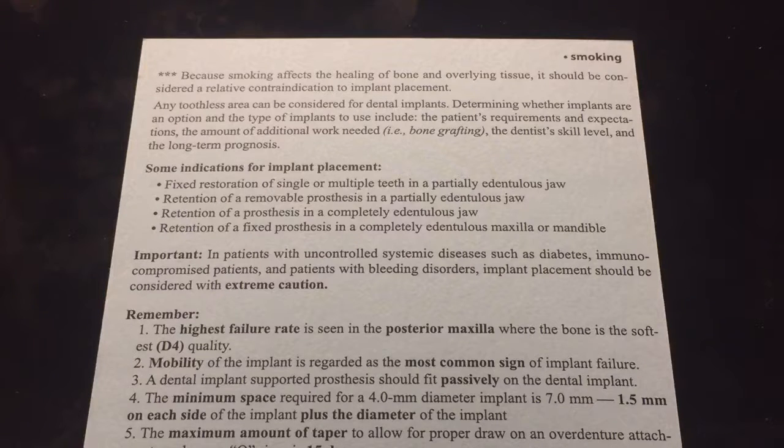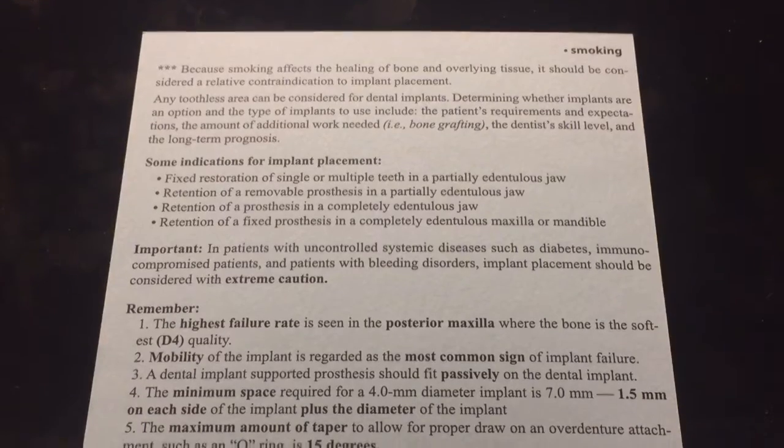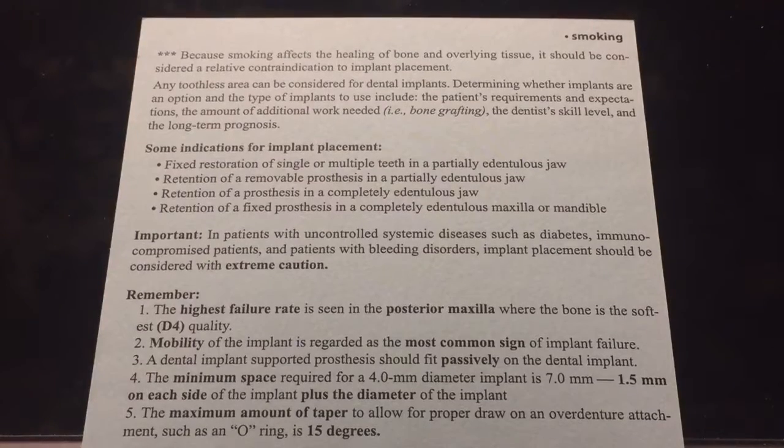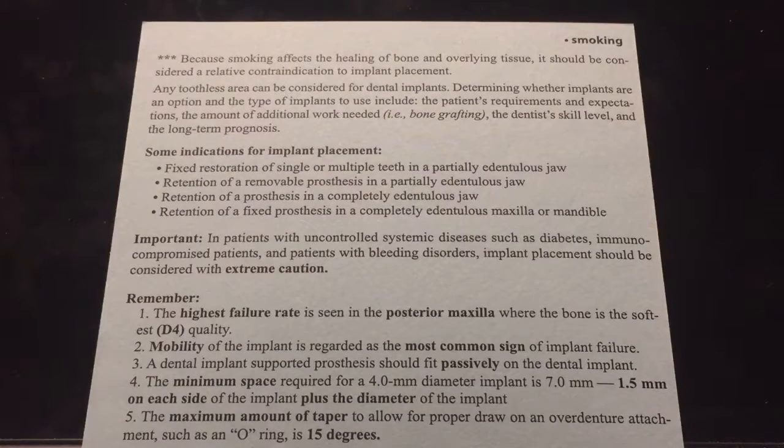Third point to remember: a dental implant supported prosthesis should fit passively on the dental implant. Next point to remember: the minimum space required for a 4 millimeter diameter implant is 7 millimeters, 1.5 millimeters on each side of the implant plus the diameter of the implant.